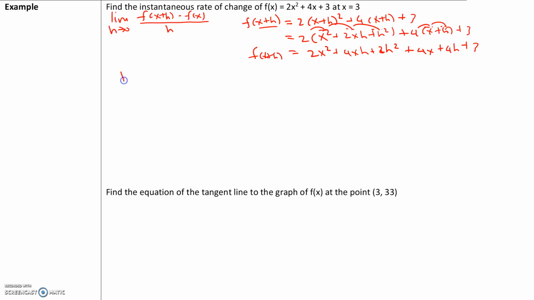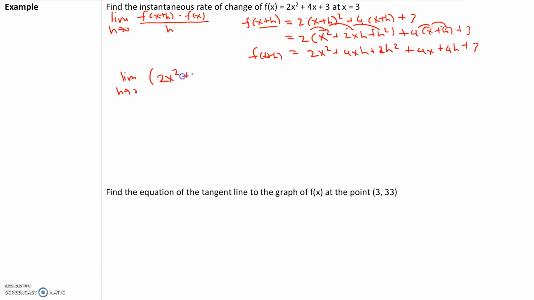So we have the limit as h approaches 0 of parentheses f of x plus h, that's that big old thing. And I mean, really, at this point, if you want, you can just cross out the 2x squared and the 4x and the 3, because we know that only the terms with the h's are going to be left over. But that's only if you want to use a shortcut. If not, let's write this all down.